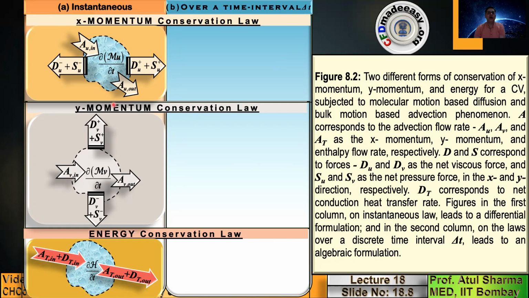So here the conservation law is used with a statement which is applicable over a time interval. However, the energy conservation law in thermodynamics is based on the amount of heat, and even in thermodynamics, the variable is represented in terms of the amount of heat.